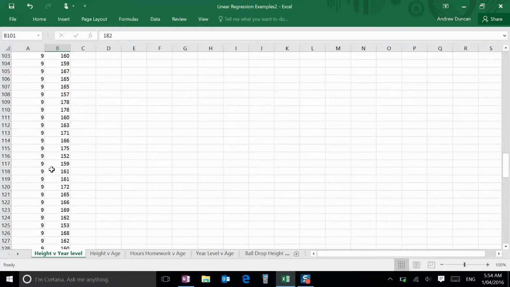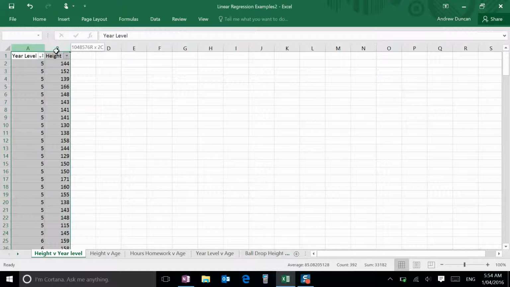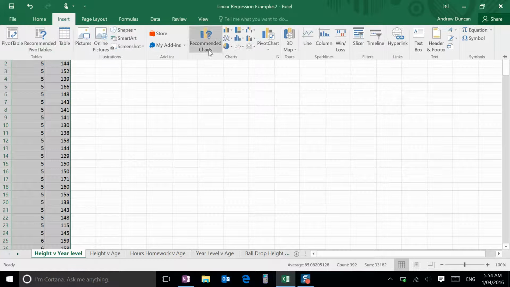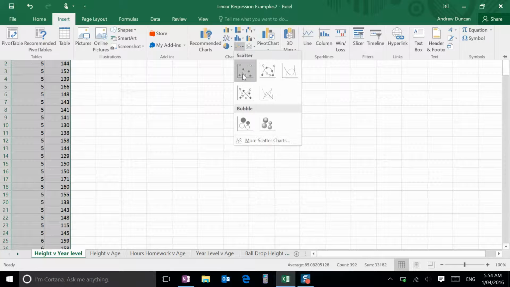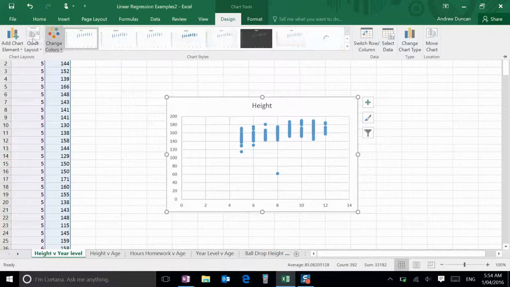What we want to see is that variation in the height, how well is it explained by the year level? So I'm going to highlight these two columns, insert a chart, I'll insert a scatter plot. And I look at this scatter plot and I see, well, as the student's year level... I should put some chart titles on here.